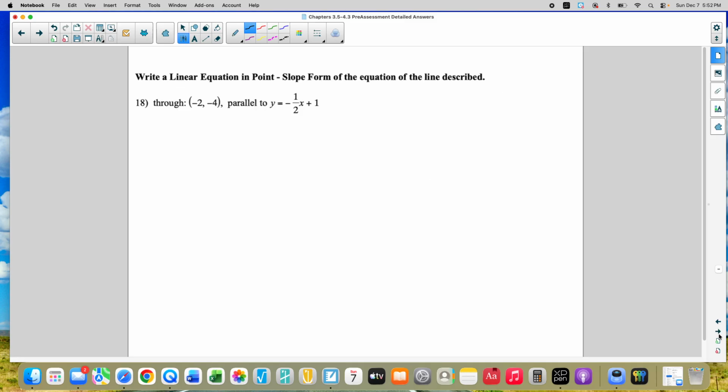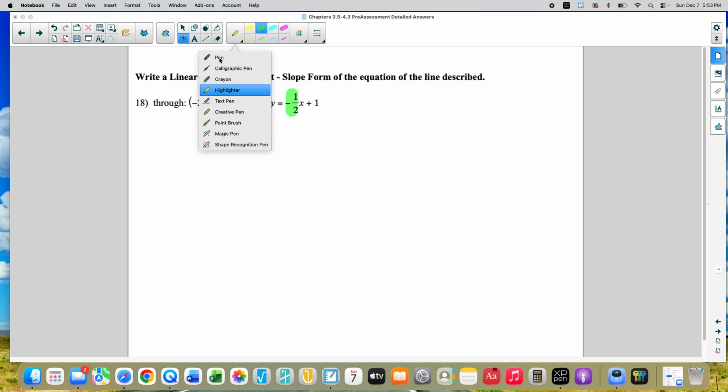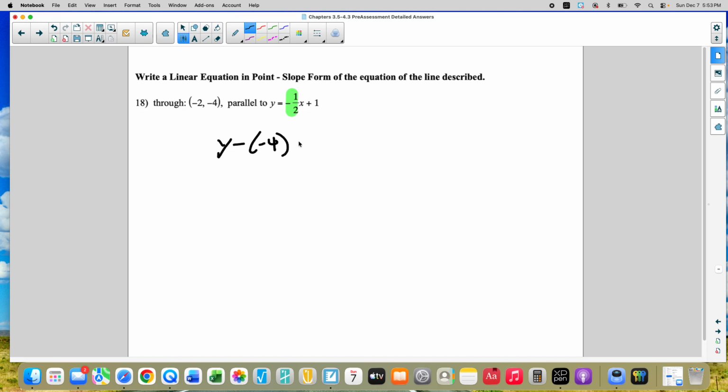All right, these last 4 problems deal with lines that are parallel. So we have to write it in point slope form so that it is parallel to this. Well, if it's parallel to it, then I know that lines that are parallel have the same slope. So if I'm going to put it in point slope form, that's nice and easy. Y minus my y value equals, here's my slope, because parallel lines have the same slope, times x minus my x value.